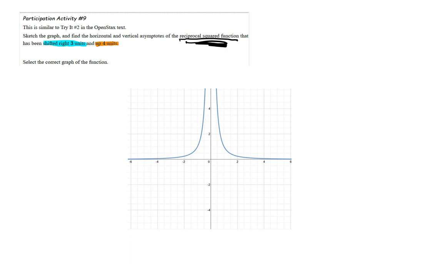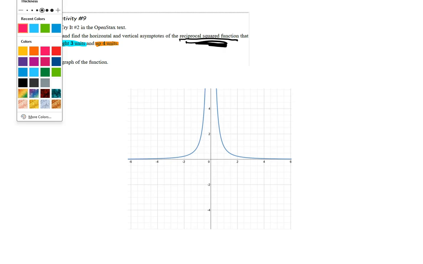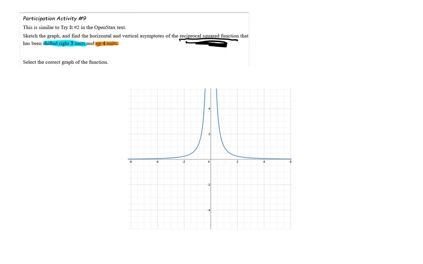So right now when you look at this thing, I'll use a pen for this one. Yeah, we'll go with pink. Okay, right here, my y-axis is actually the vertical asymptote.